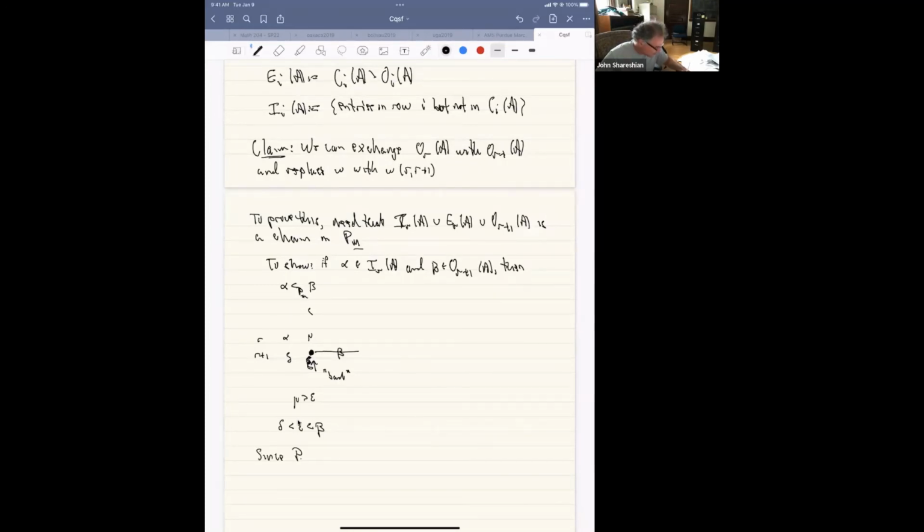Since P is 3 plus 1 free, alpha is related to one of delta, epsilon, beta. But alpha is not greater than delta.